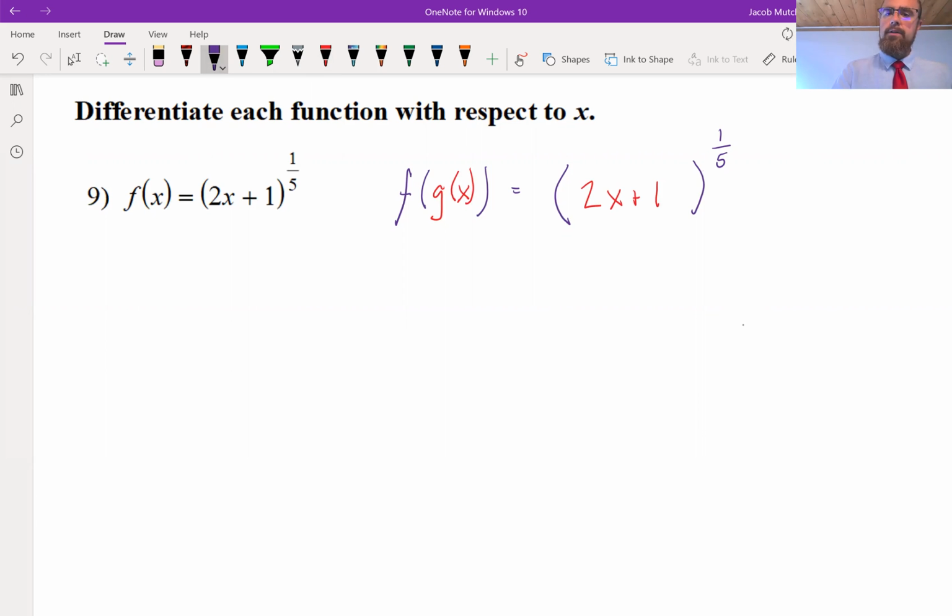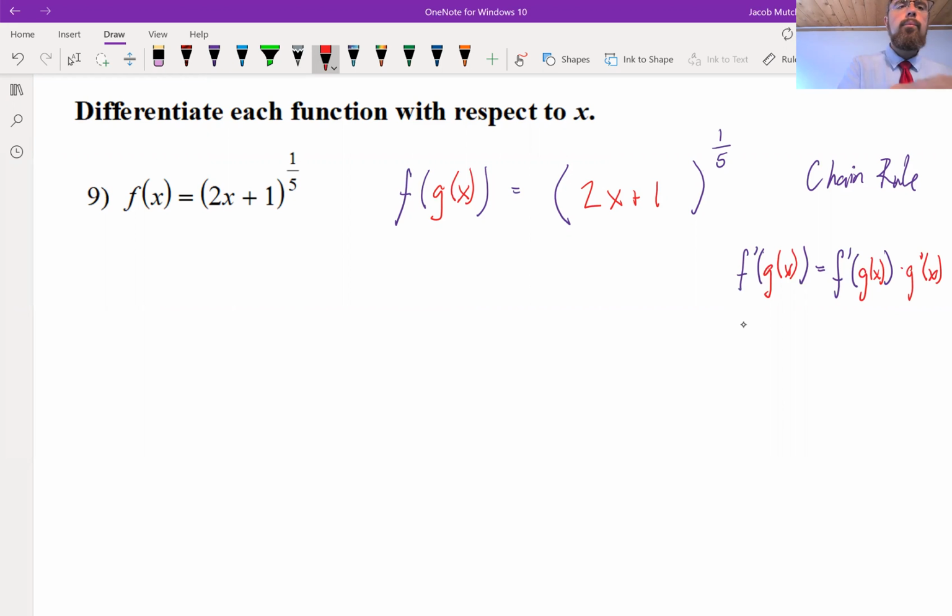So if I'm applying the chain rule, we just, again, need to remember what it says. It says that if I've got that set up with a composition, and I'm taking the derivative of f of g of x, what that'll equal is the derivative of f with g unchanged times the derivative of g of x.